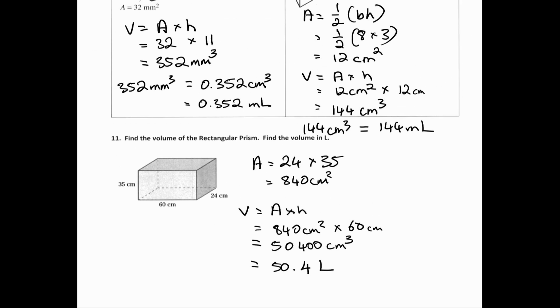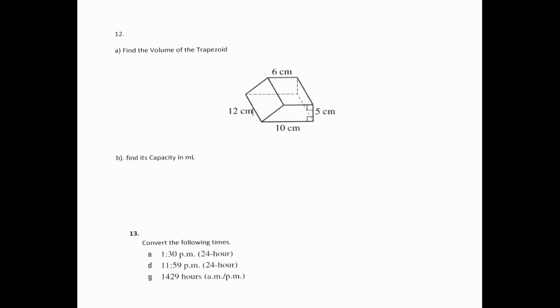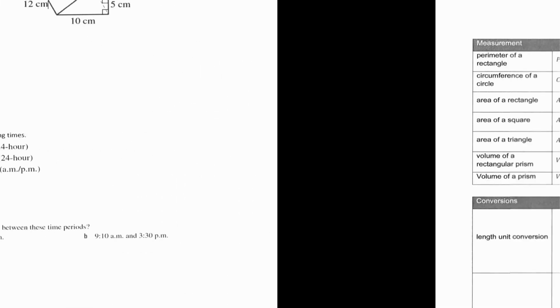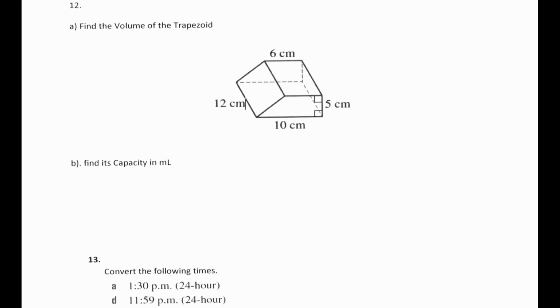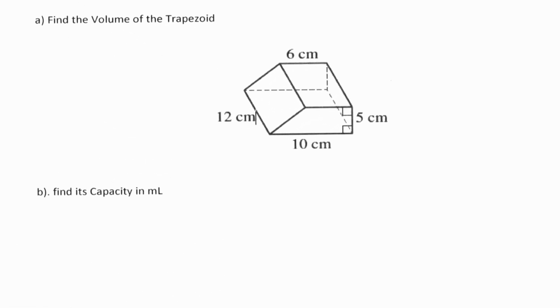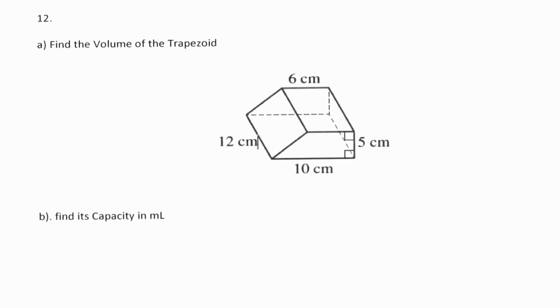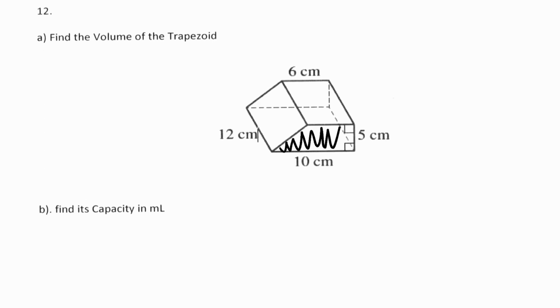All right, moving on. Is this the last page? Yep, last page. Here we go. Question 12. Find the volume of the trapezoid. So again, we find the area of the face. I'm going to start with this one that's facing us.